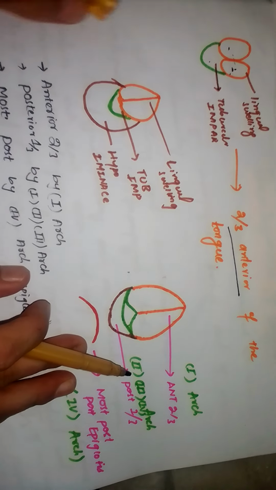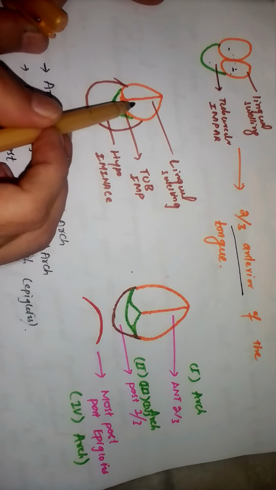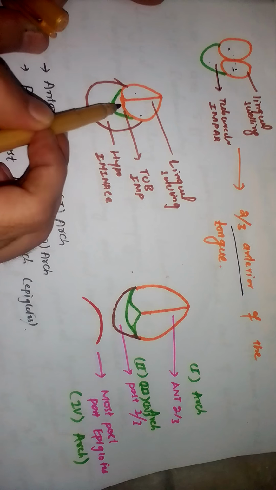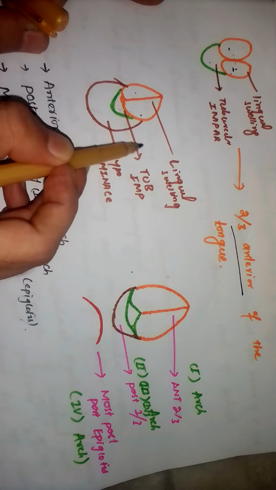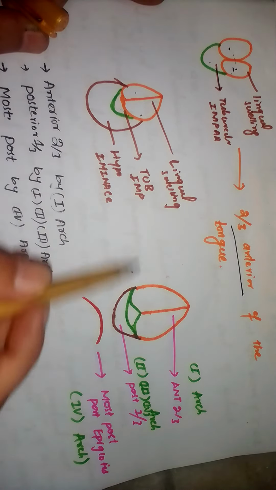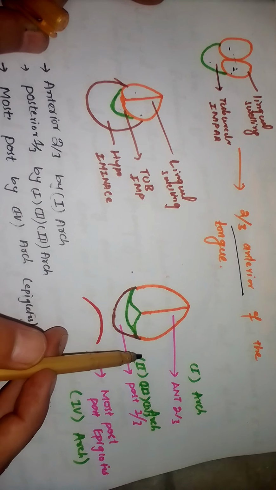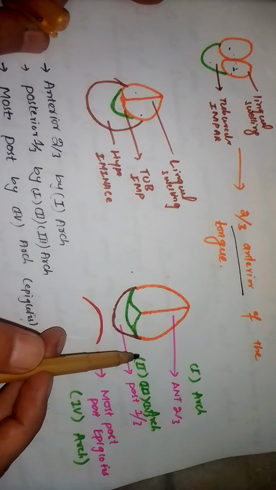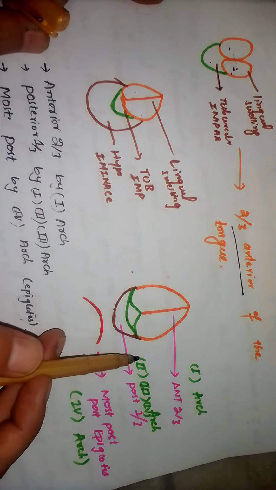Now the hypobranchial eminence consists of 2 parts. One is the cranial part, another is the caudal part. The cranial part plays an important role in the posterior 1/3 of the tongue.